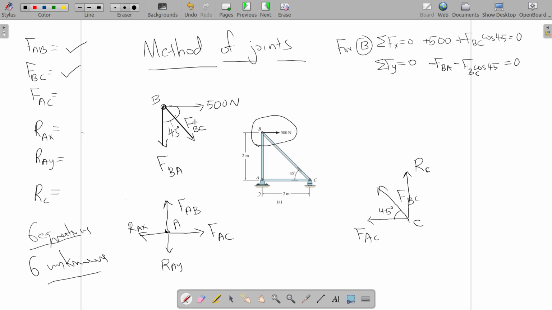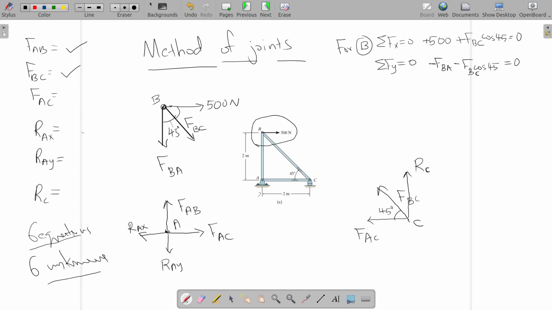That cannot be the case if it is in equilibrium. So FBC will be negative. FBC negative means we assumed tension in FBC. That assumption is wrong. It's actually a compressive force.